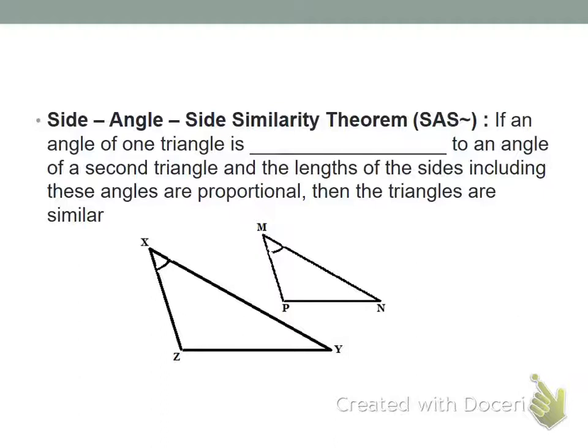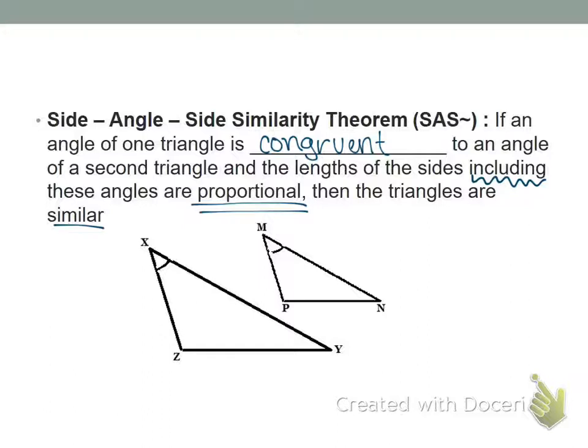If an angle of one triangle is congruent to an angle of a second triangle, congruent, you can use the symbol for congruence if you'd rather, and the lengths of the sides including these angles, that's an important word, are proportional, another important word, they're not congruent sides, just proportional sides, then the triangles are similar.